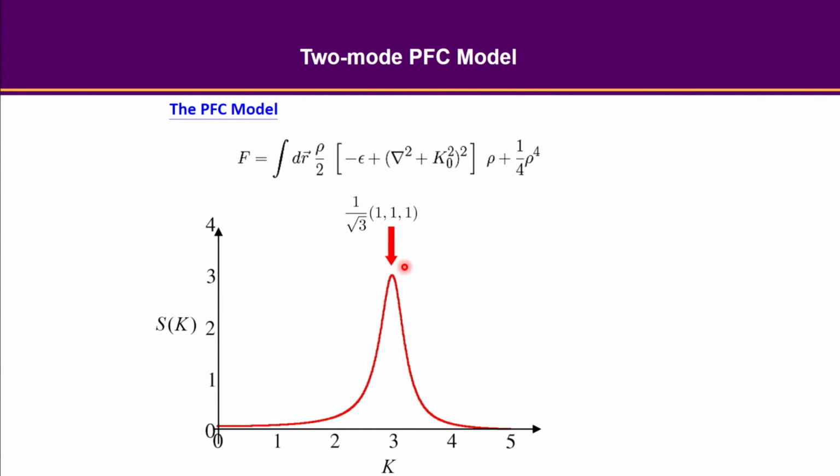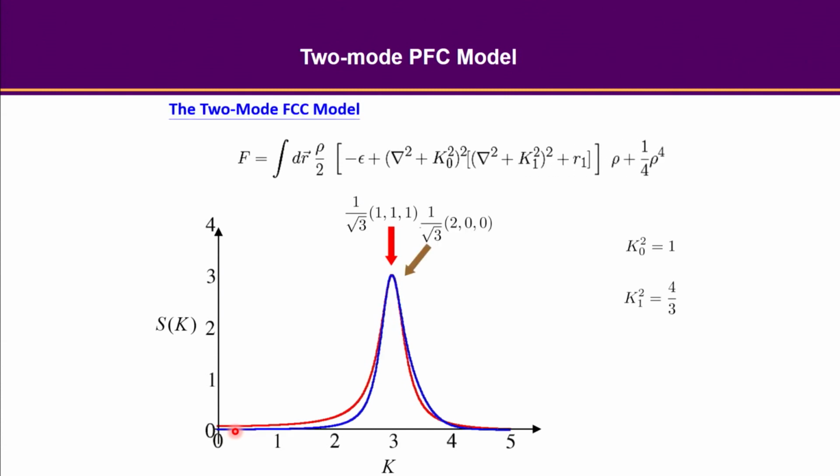So we're actually talking about the peak of the structure factor that corresponds to the 111 combination. And since we normalize that, saying the magnitude equals 1, there's a 1 over root 3 prefactor here.